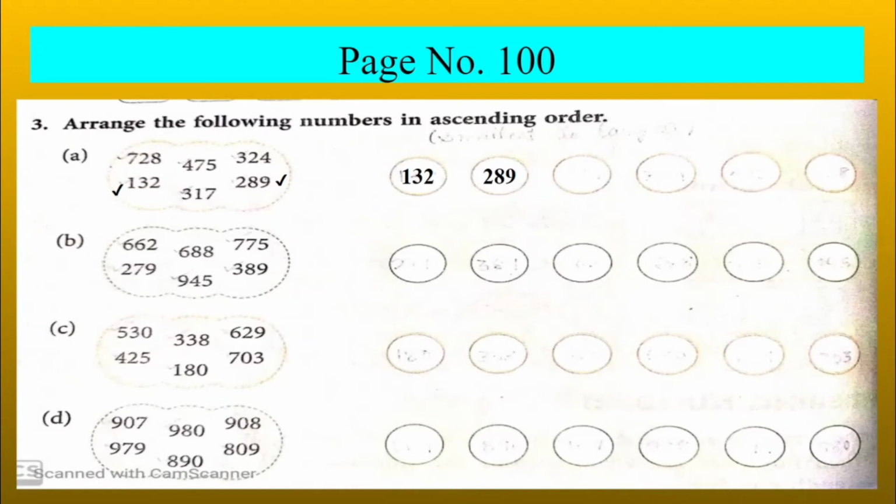Now among the rest of the numbers we have to find the smallest number. So which is the smallest number among the 4 numbers? Yes, 317. So now we will write 317 after 289. Now we are left with 3 numbers. So which is the smallest among the 3 numbers?